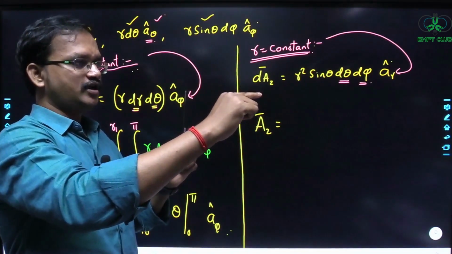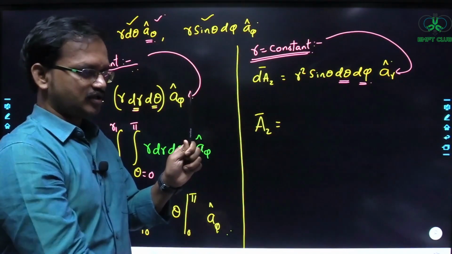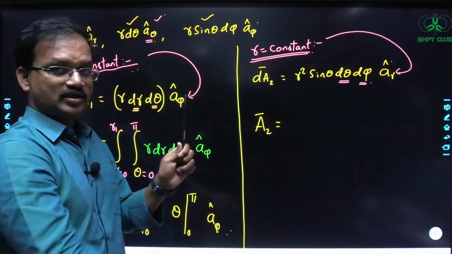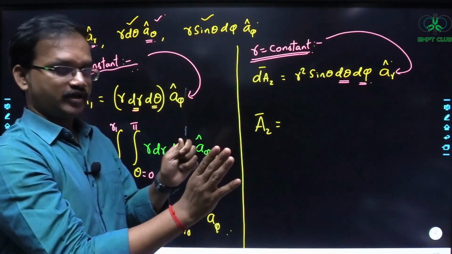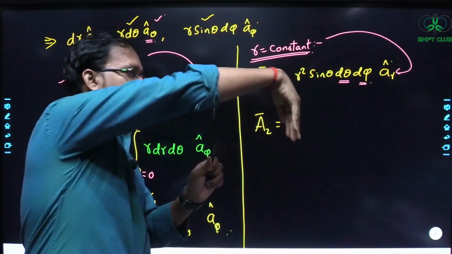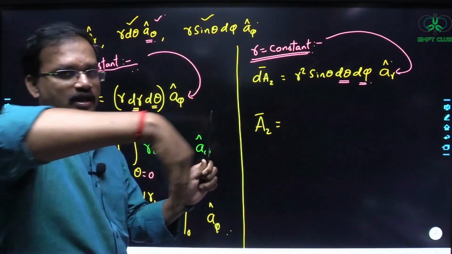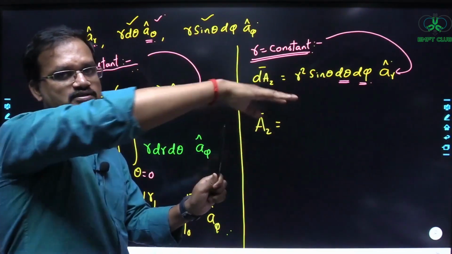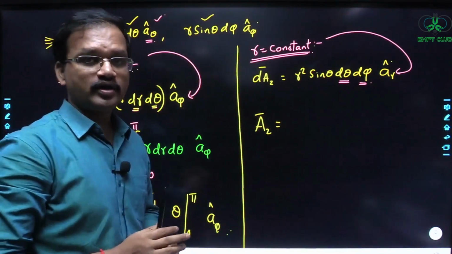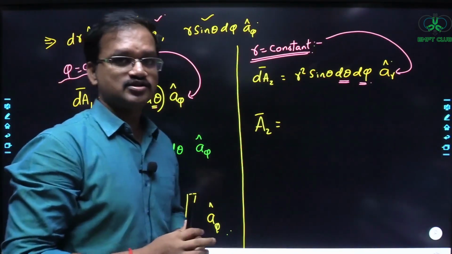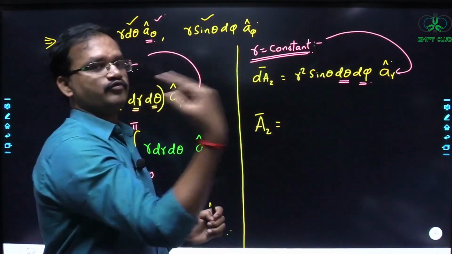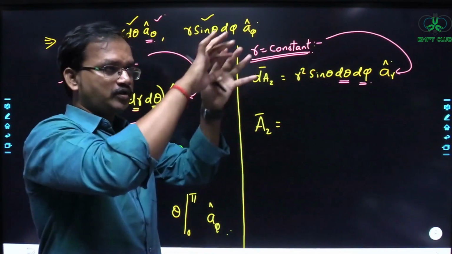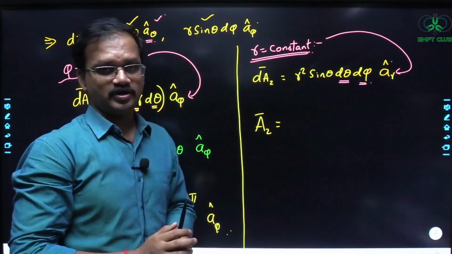With r constant, if you vary theta, you are going to get a semicircle, right? Now if you vary phi, that means you have to rotate this semicircle in anticlockwise direction like this. Then you are going to get the surface area of a sphere. So if you vary theta and phi, you get the surface area of a sphere.